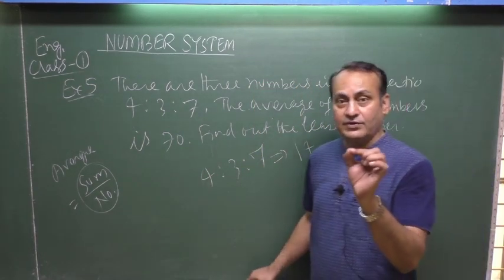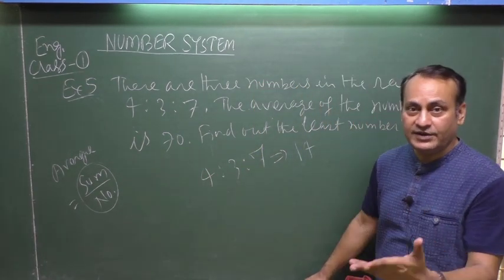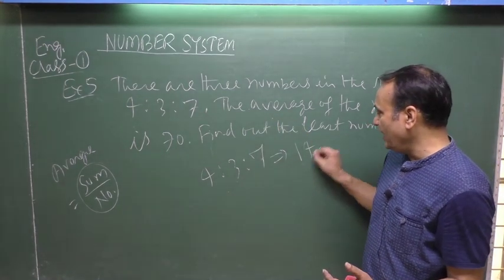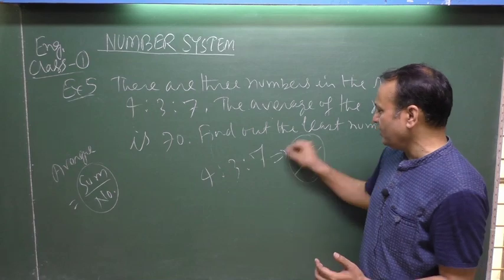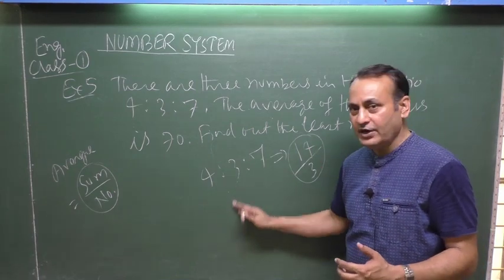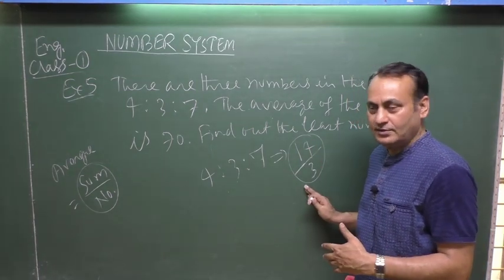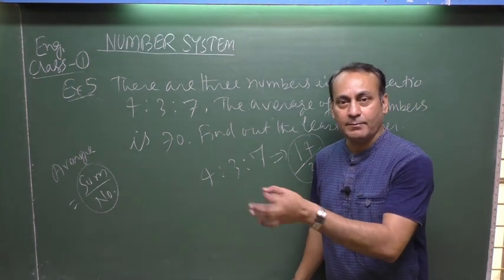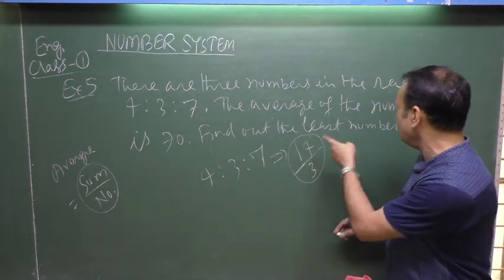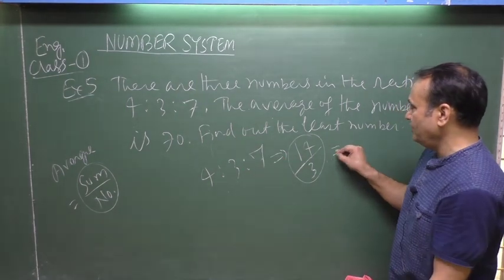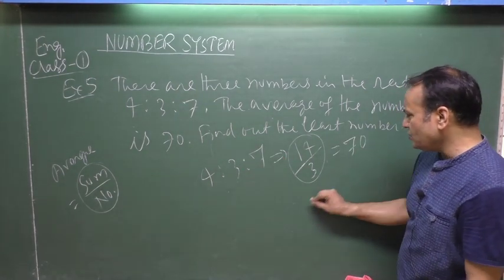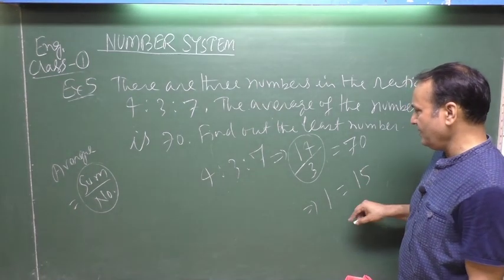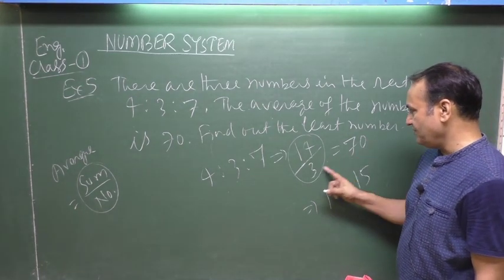If the question says the average, you will have to make the average here: sum total divided by 1, 2, 3, 3 numbers. This is according to you the average of these numbers. But in fact, the average is 70. That means 1 unit equals 15. 14 fives are 70, 5 threes are 15.